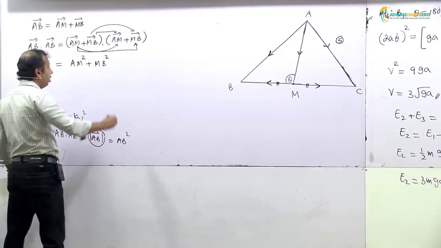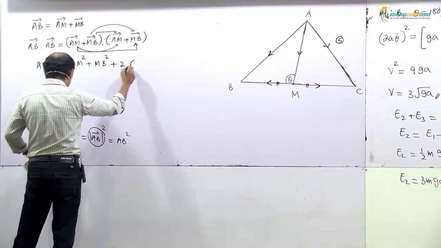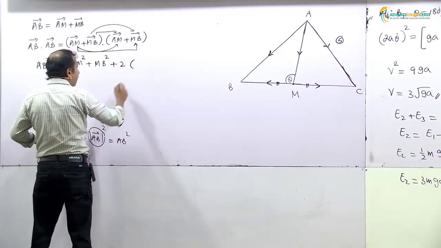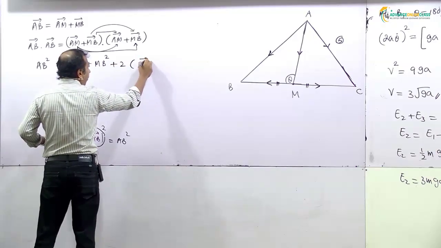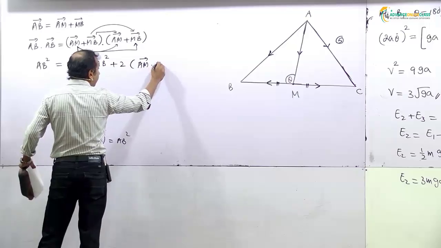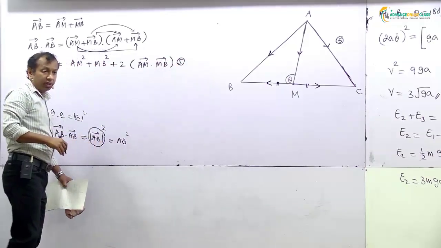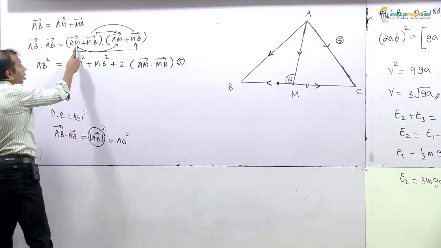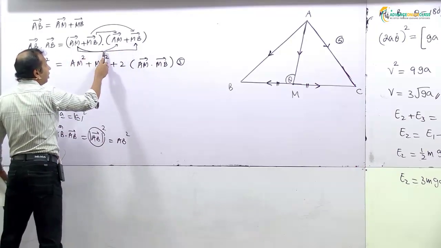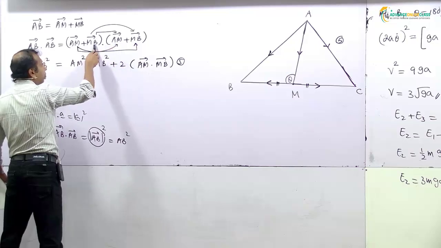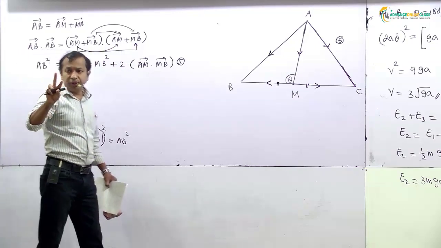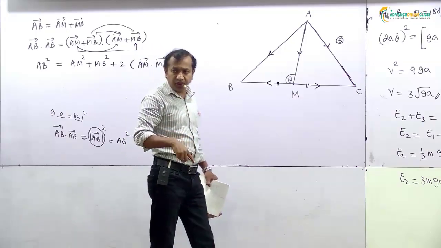Then it is 2 times AM dot MB. For this, you get 5 marks. Is it clear? Here, AM dot MB. Here also AM dot MB. The order doesn't matter, A dot B and B dot A are equal.